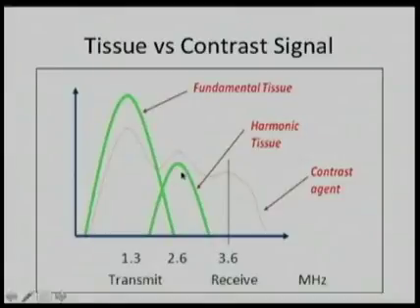You'll want to set your grayscale levels and gains to sort of suppress tissue in the background so you can see the bubbles when they come in. But this is the first harmonic, sort of the second, and here's an ultraharmonic. So here you're transmitting at 1.3, and you get a received signal at 2.6. At 3.6, you'll receive almost all bubble signal with very little tissue signal.